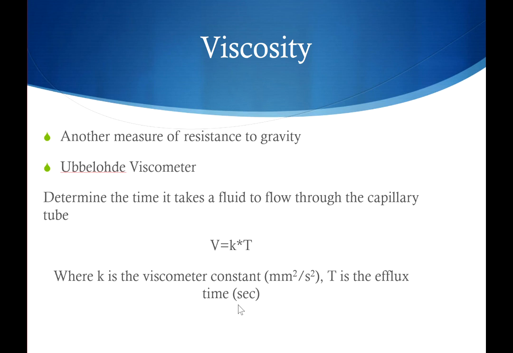The viscosity will be equal to K multiplied by the time, where K is the viscometer constant, which in this case is 0.1144, and T is the efflux time. I will explain that in more detail in the laboratory session.